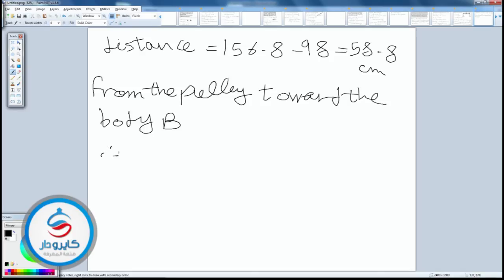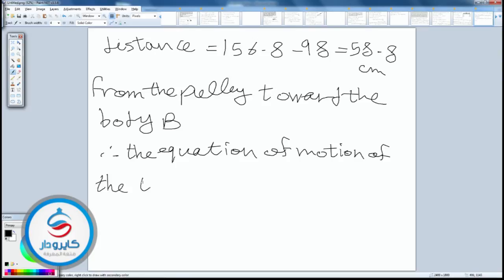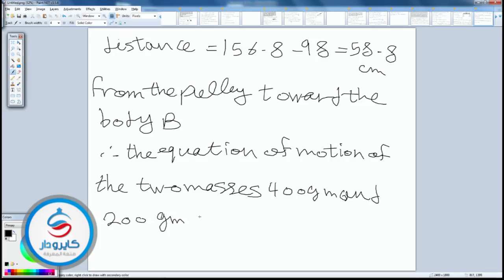Therefore, the equations of motion of the two masses, 200 gram and 400 gram, after taking off the body B directly.